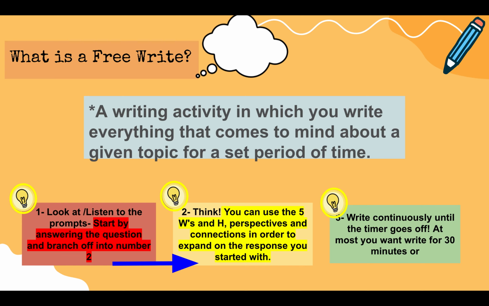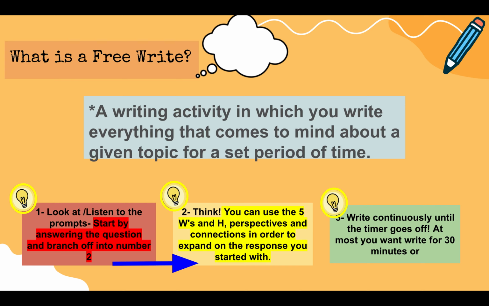So then you move on to number 2, you think. You can use the 5 W's and an H, perspectives and connections, in order to expand on the response you started with. So once you answer the question directly, now think who, what, when, where, why, and how. How would other people think about this? What would this person say or think?